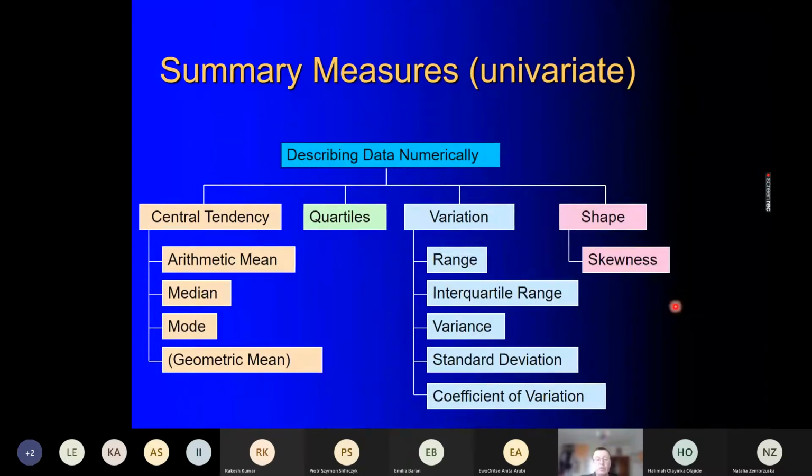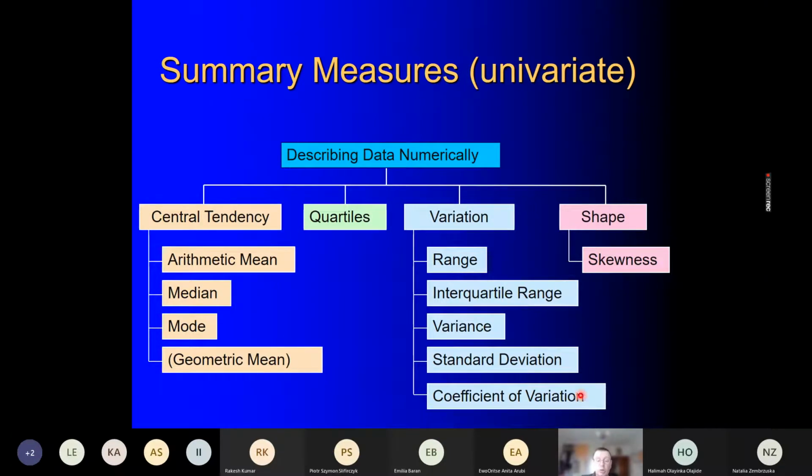And we have 4 general groups of descriptive statistic parameters, where a pair is major and we have some auxiliary. The pair of major descriptive statistic measures is central tendency and variability, and auxiliary are quartiles and shape assessment.